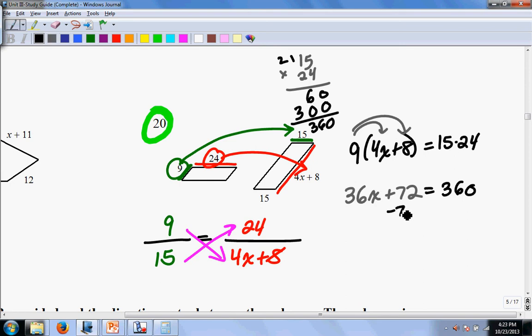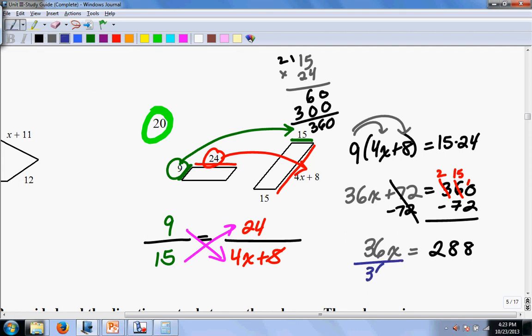Now we minus 72 on both sides. 36x equals, 2 from 10 is 8, 7 from 15 is 8, so we have 288.